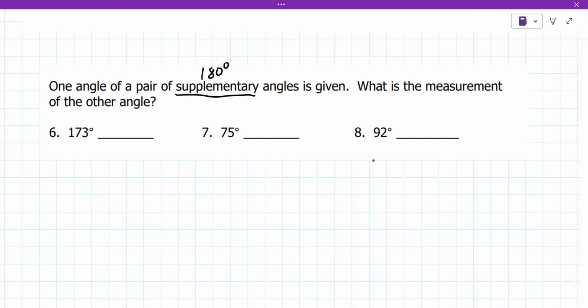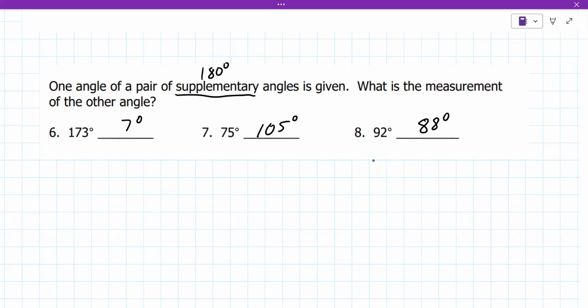All right, 6 would be 7. And then 7 would be 105. Eight would be 88. Okay.